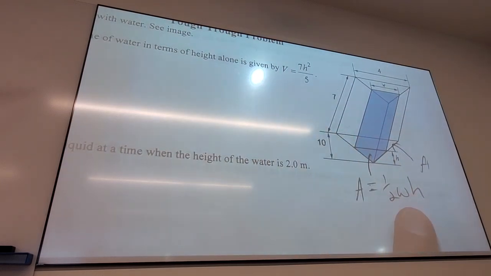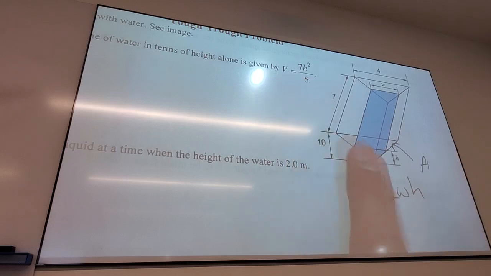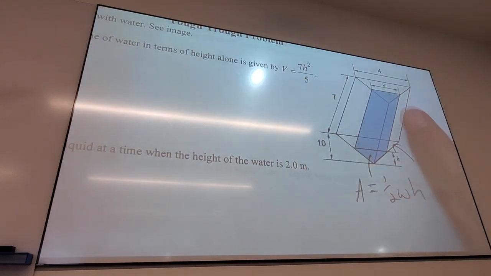What's wrong between what I've got so far and what I know the answer is supposed to be? There's not supposed to be a W. So now I got to figure out, is there a relationship between W and H, so that I can rewrite it without a W?